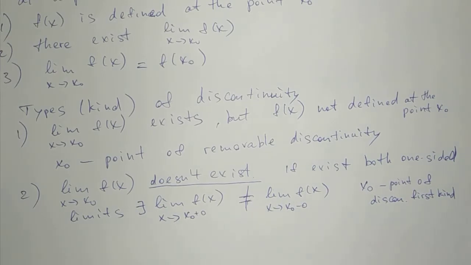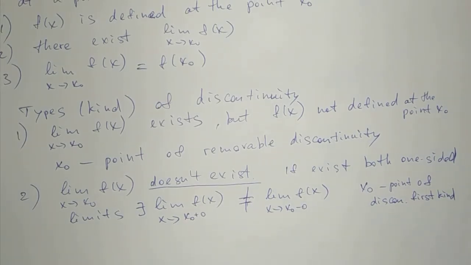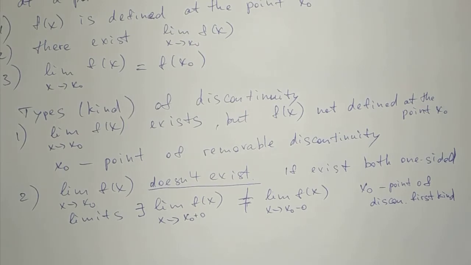And now, in the other case, it means at least one of the one-sided limits doesn't exist or is equal to infinity. Then x0 is a point of discontinuity of the second kind.